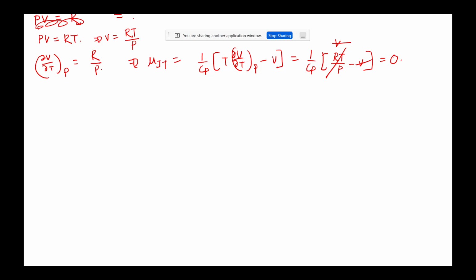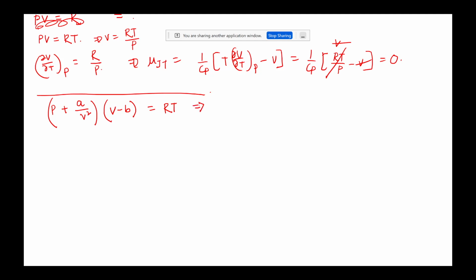For real gases like hydrogen, this is quite different. So what is the real gas equation? For 1 mole of gas, P plus A by V square, times V minus B, is equal to RT.